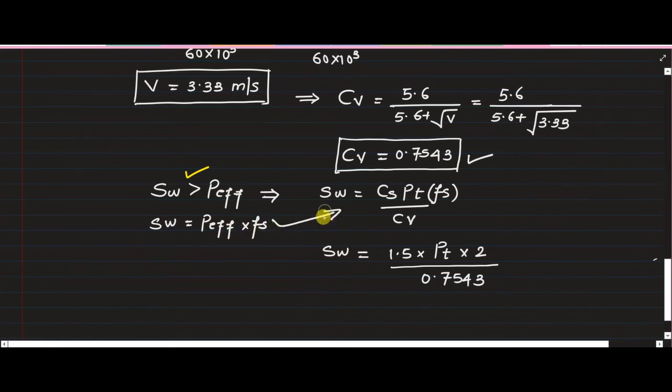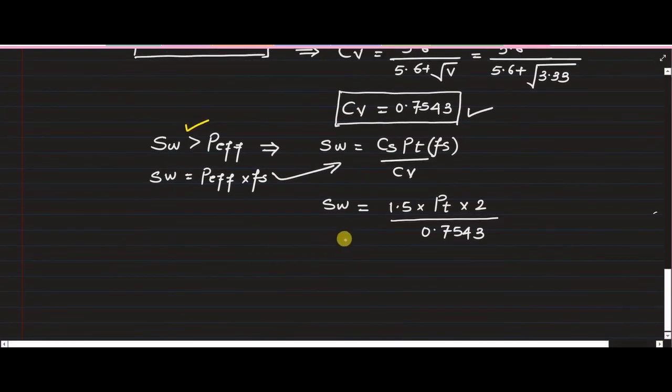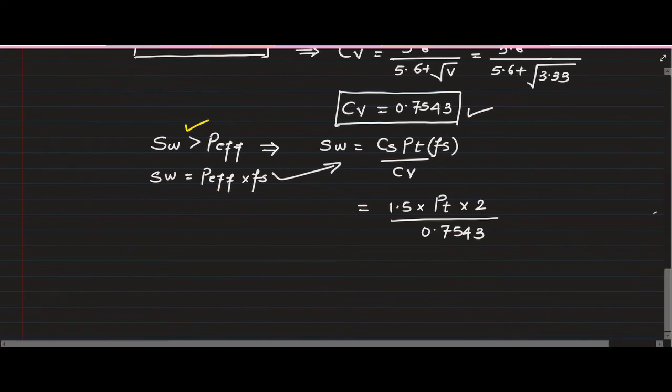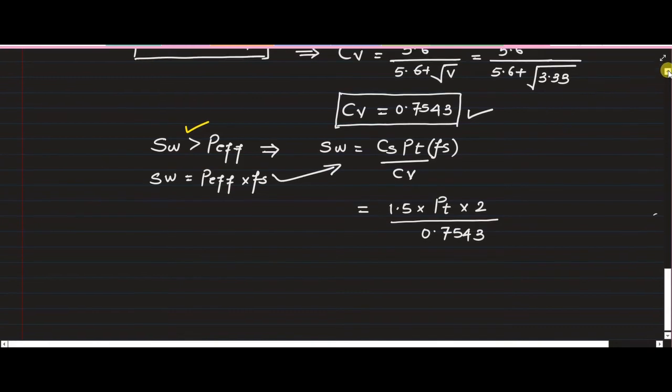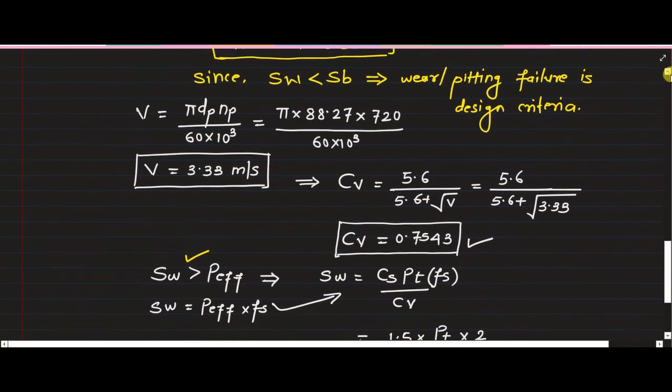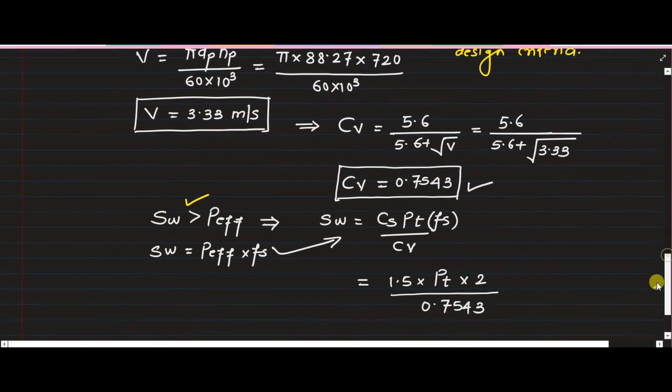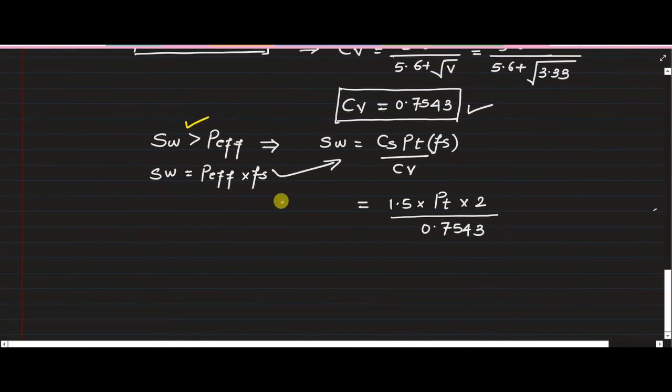In this entire equation, we also have the value of SW with us. We have just calculated that, and that value is 10,318.58. So 10318.58 is the value on the left hand side.